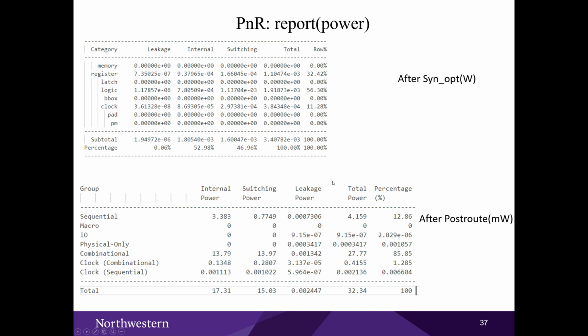So what we got is that the total power after post route is much bigger than what we got after SynOpt. I think the leakage power is also much bigger than what we got after SynOpt. But I think the percentage of the three kinds of power is almost the same.